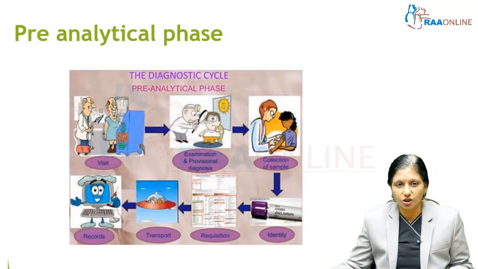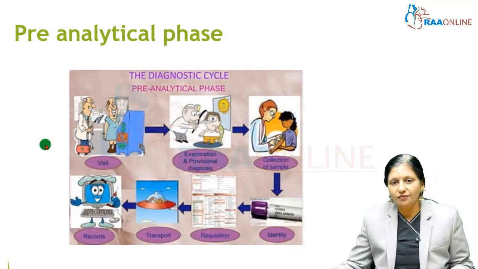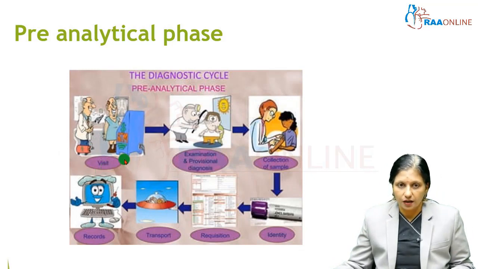Now, coming to the diagnostic cycle. Whenever we have a patient, she will be visiting a gynecologist or an obstetrician, and then we will provide her with a provisional diagnosis. Then we will collect a sample for a suspected infection.